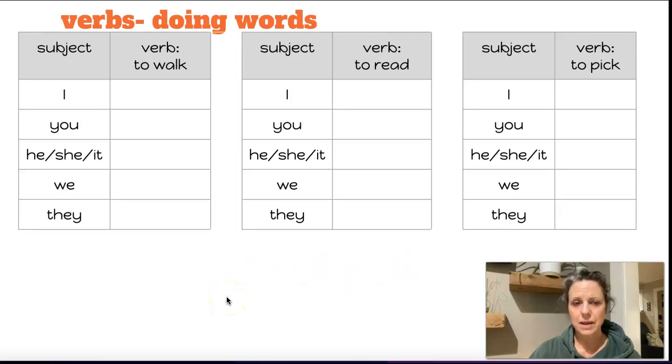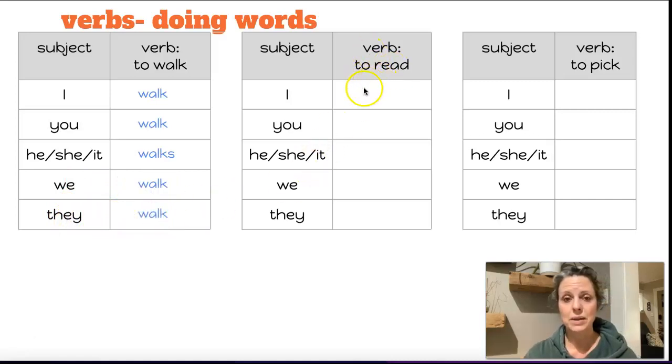So let's do these together. Walk. What is this going to be? I walk. You walk. He, she, or it walks with an S. We walk. They walk. The next verb is to read.